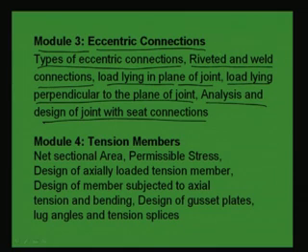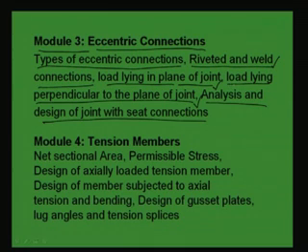In eccentric connections, I am repeating once again, we will discuss types of eccentric connections, then rivet and weld connections. For rivet and weld connections we will see first the load lying in the plane of the joint and then the load lying perpendicular to the plane of the joint.